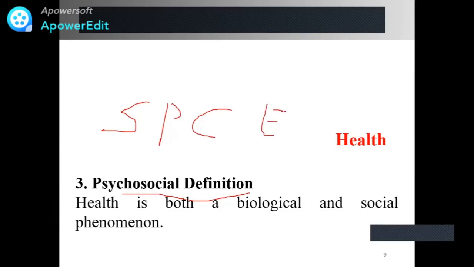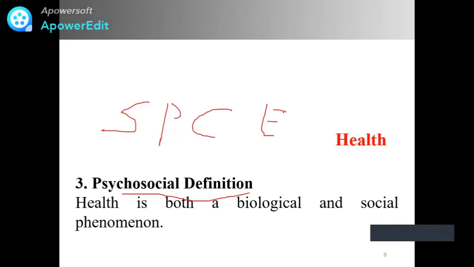Under the psychosocial definition, it is viewed in a broad way. Here it concerns social, psychological, cultural, economical, and political factors about human health.